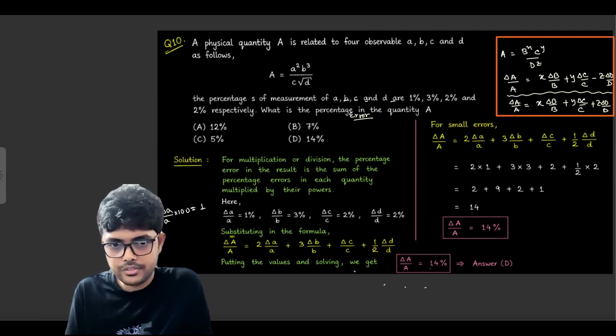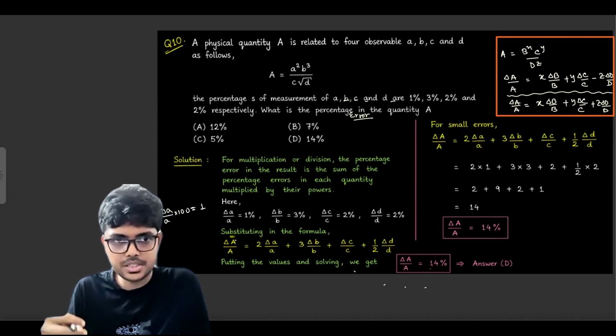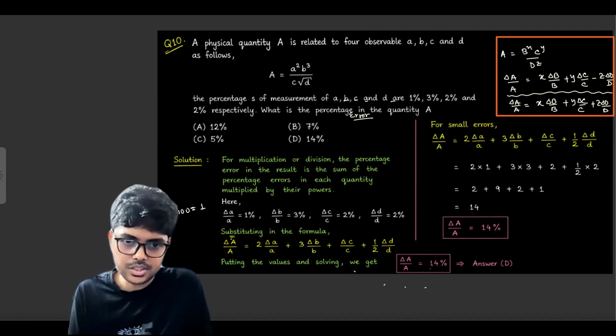Here everywhere you can also multiply by 100 and then we get the actual del A by A into 100%, that is the percentage error of A. When you multiply it with 100, then we'll get the actual percentage error. This is only the relative error.